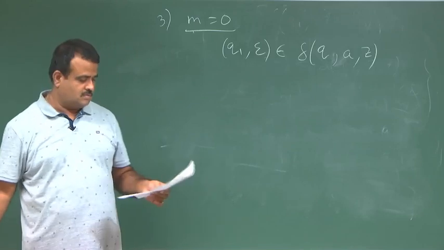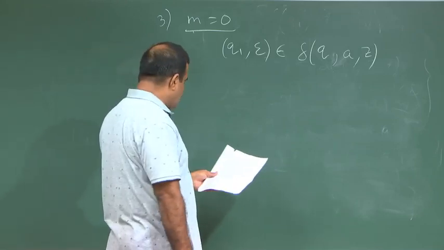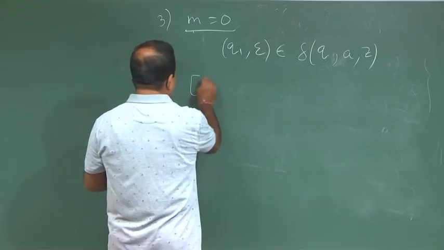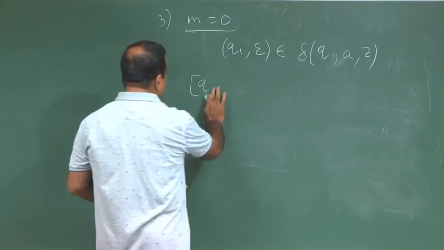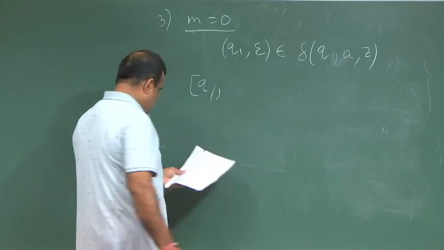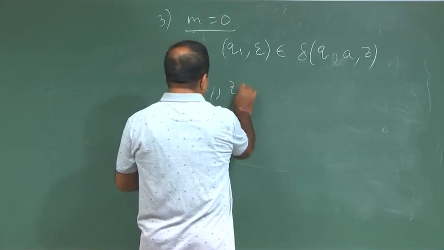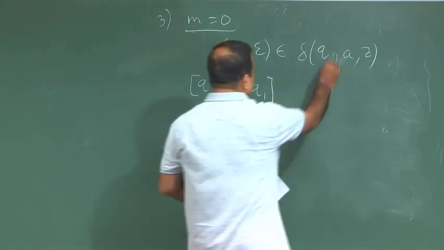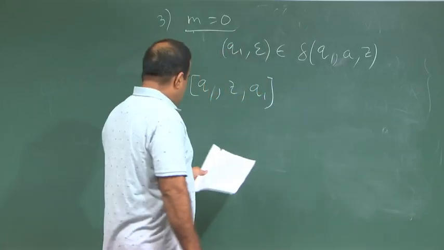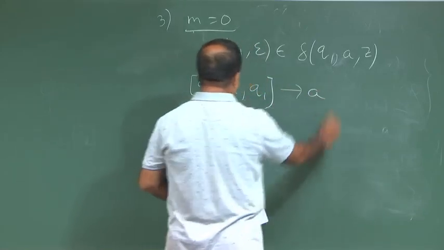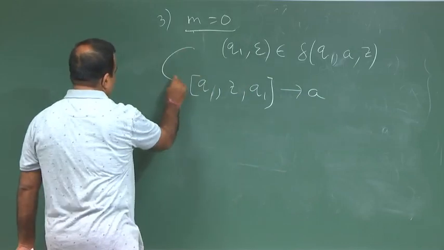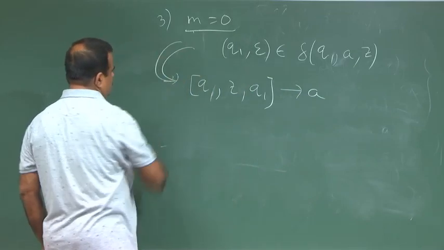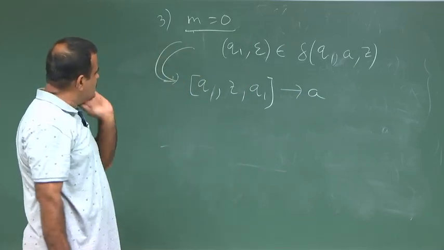So, for that what is the rule? We take the q over here and then we have z and we take the q1. Suppose this is going to q1, this is going to a. So this will yield a rule like this: this is going to a if it is erasing.